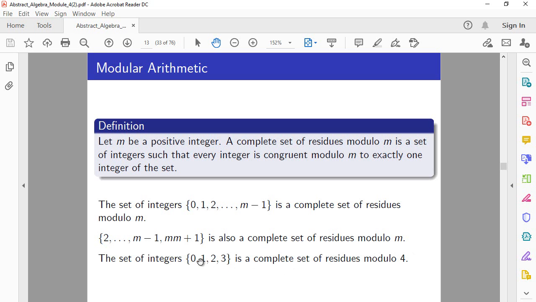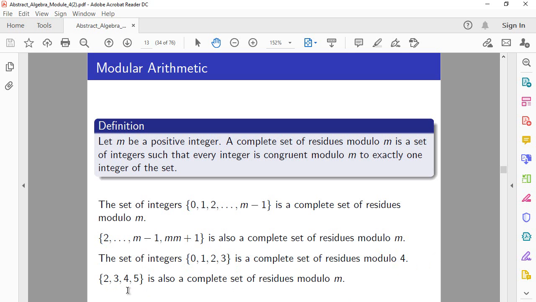Another way of thinking about this is that they represent distinct classes for the relation congruence modulo 4. 2, 3, 4, 5 is also a complete set of residues mod 4. Sorry, there is a typo; this should be mod 4 here.